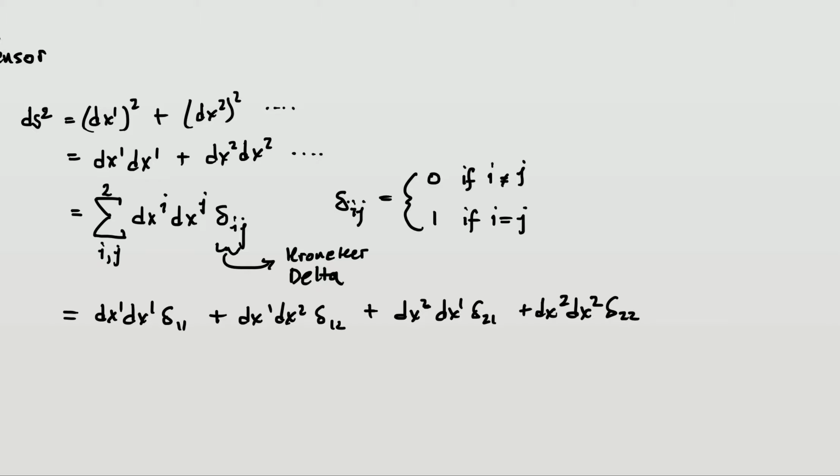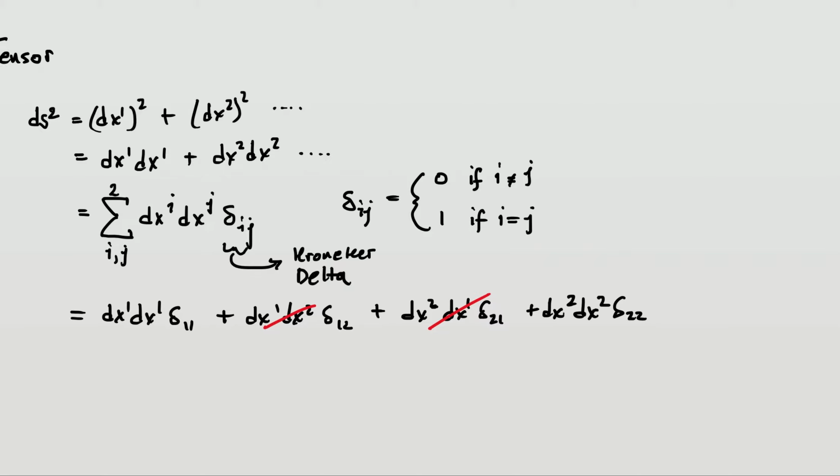Now again, we said that it's 0 if i does not equal j. Here these two are not equal, so we can ultimately say zero to this one and zero to this one. Okay. I'm going to move that over just a little bit.